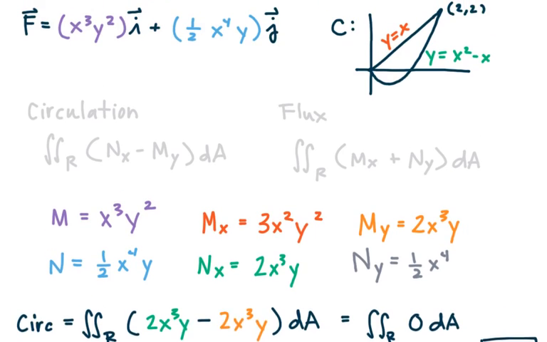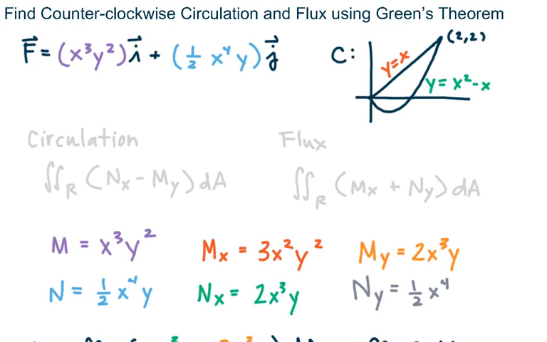We need to come back up to our diagram to determine what my x and y bounds will be. Now, I do not want to integrate with respect to x first, because then I would have two different integrals. You'll notice my left and right are different below the x-axis as opposed to above the x-axis.